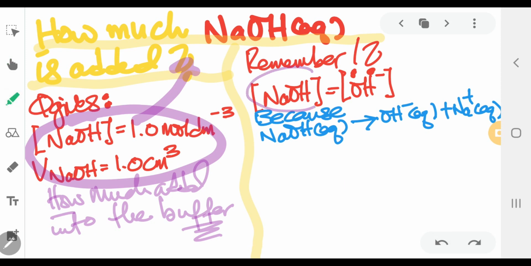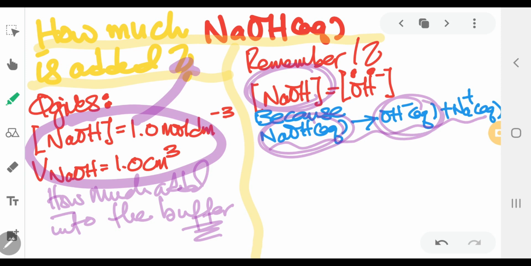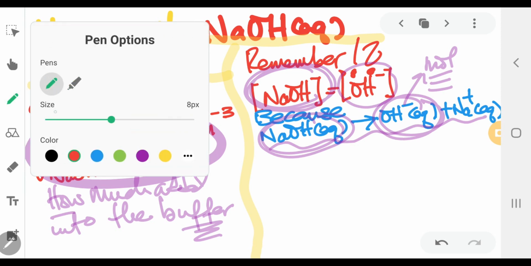Now, to find the number of mole of sodium hydroxide added, we need to also remember the concept that a strong base will be completely dissociated. So when you have complete dissociation, the number of mole of your base will be the number of mole of your OH minus. Okay? So when you get the number of mole of your OH minus, you can use that in your ICF table. Right.